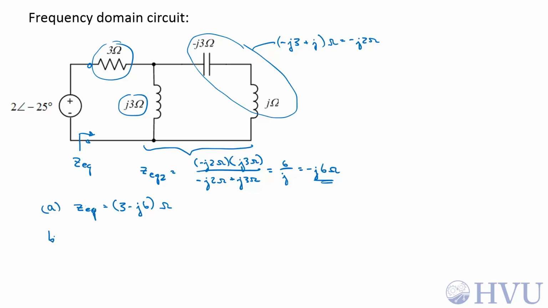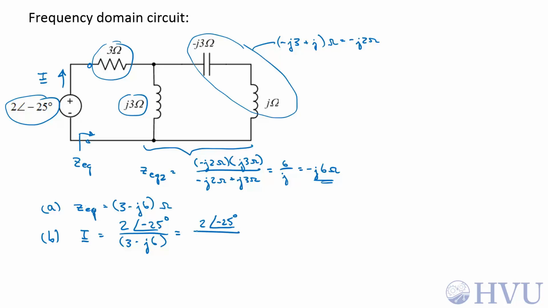Part B is to find the current out of the source, I. I is going to be the voltage, 2 at an angle of minus 25 degrees, over the equivalent impedance, 3 minus J6 ohms. Converting this to polar notation becomes 2 at an angle of minus 25 degrees over 3 times the square root of 5 at an angle of minus 63.4 degrees.